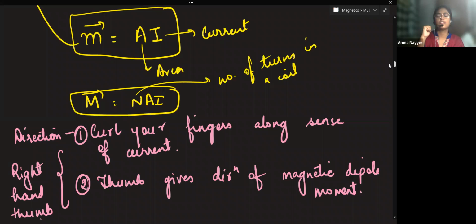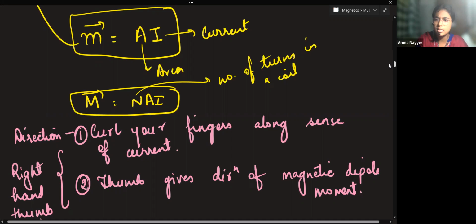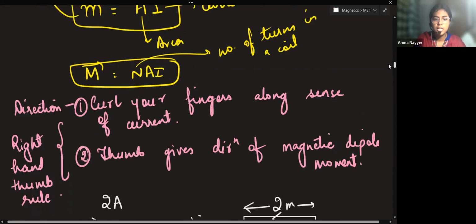Thumb gives the direction of magnetic field. The reverse is also possible. If you have the magnetic field outside, see the curvature of fingers. If this is the direction of magnetic field, this is the curvature of fingers, and that is giving clockwise. So both ways you can do this. We have discussed. If you still have any doubts, ask me. I'll repeat this.